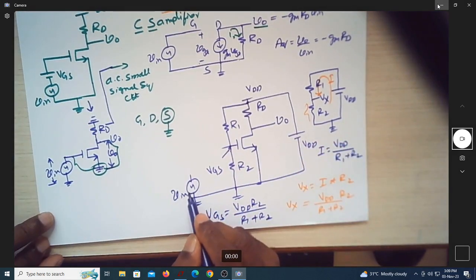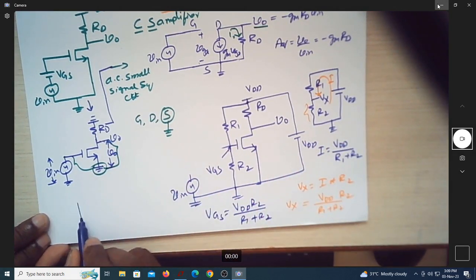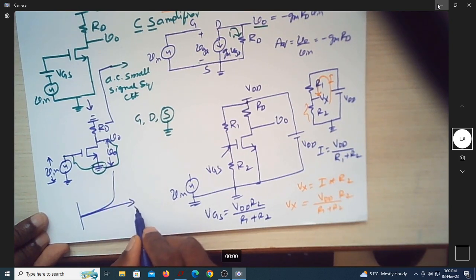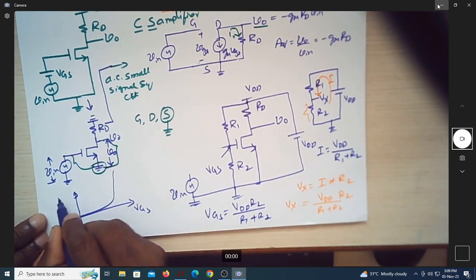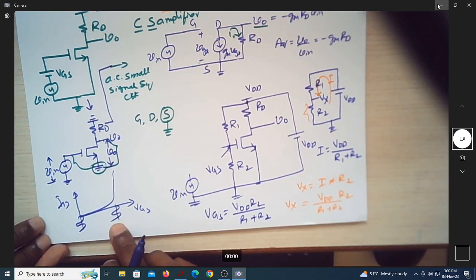Now you have this AC signal. This AC signal should be shifted. We know that if this is my IV characteristics, this is VGS and this is ID. Here I'm applying the signal, so that should be shifted here. So this shifting has to be done.